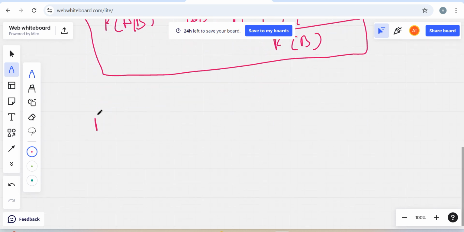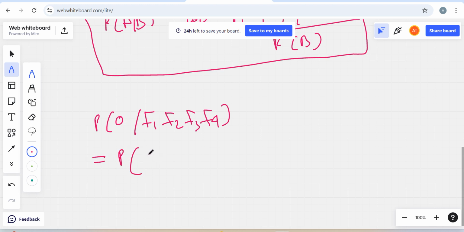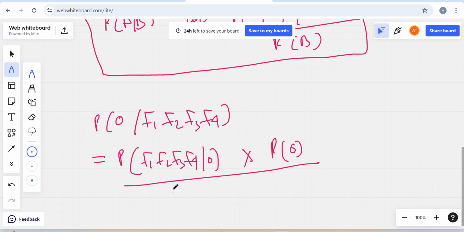So we need to calculate probability of 0 given feature 1, feature 2, feature 3 and feature 4. If you open this up, it looks like this: probability of feature 1, feature 2, feature 3, feature 4 given 0, multiplied by probability of 0, divided by probability of feature 1, feature 2, feature 3, feature 4.